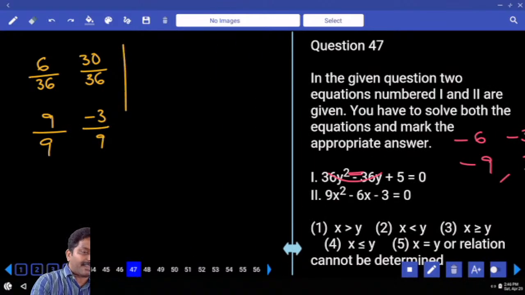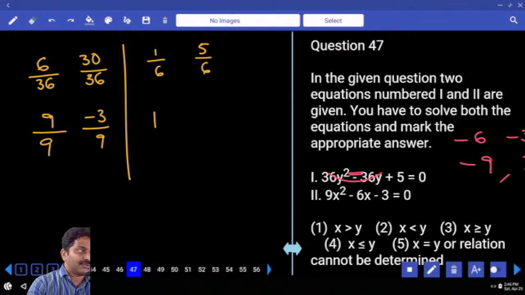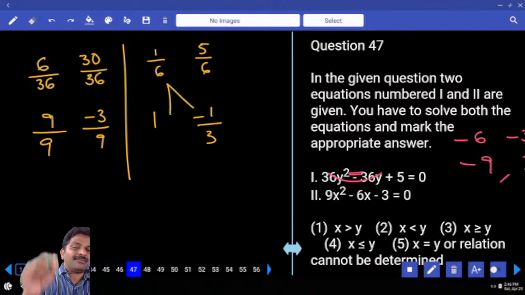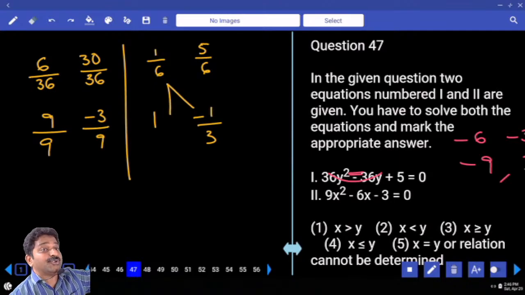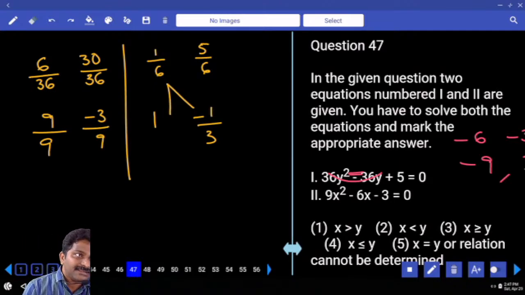If you simplify, this is 1 by 6, which is 5 by 6. This is 1 minus 1 by 3. 1 by 6 or 5 by 6, whatever. That lies in between positive 1 and negative 1 by 3. Yes or no? In-between condition. Answer: relation cannot be established. Followed.